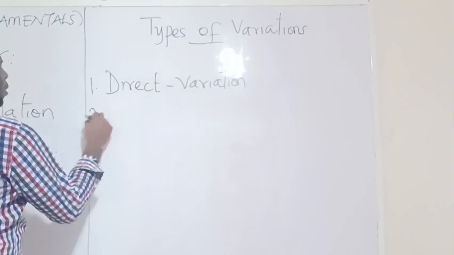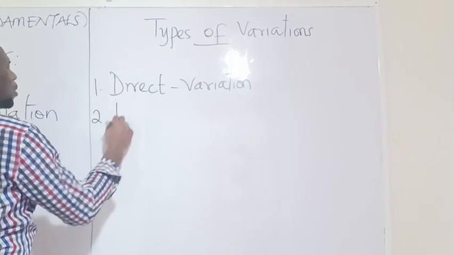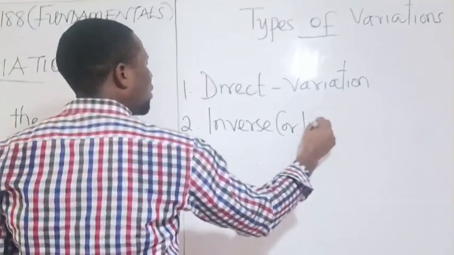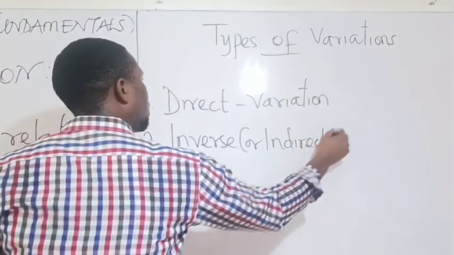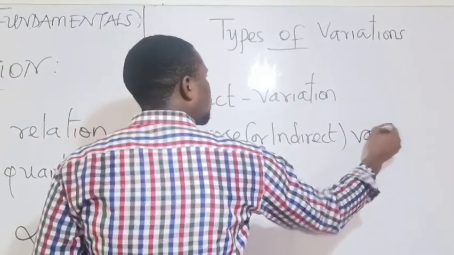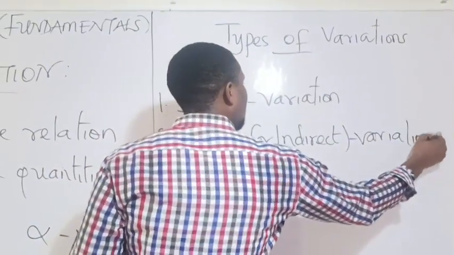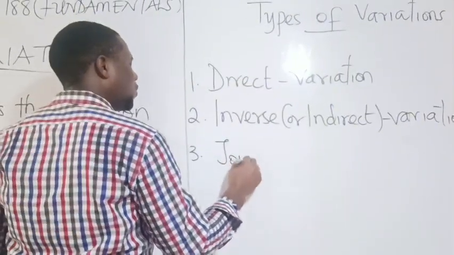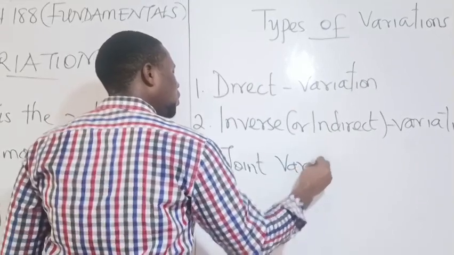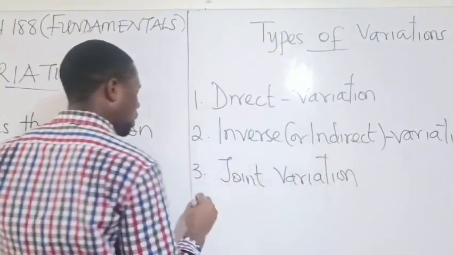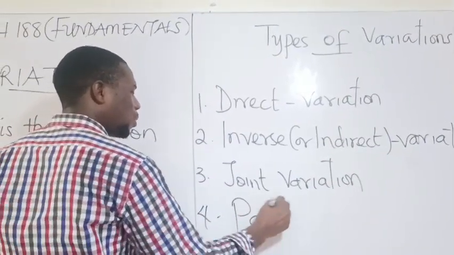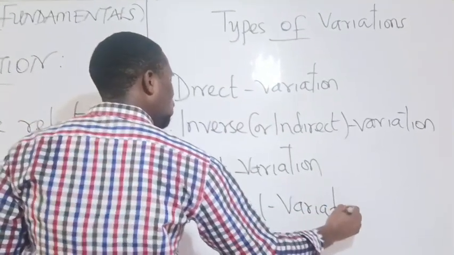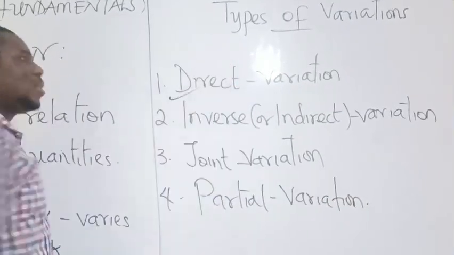The second is indirect or inverse variation. The third one is joint variation, while the fourth is partial variation. So let's treat each of these types of variations individually.